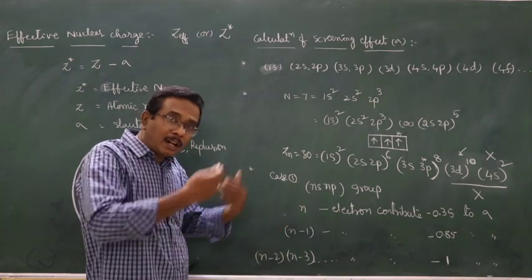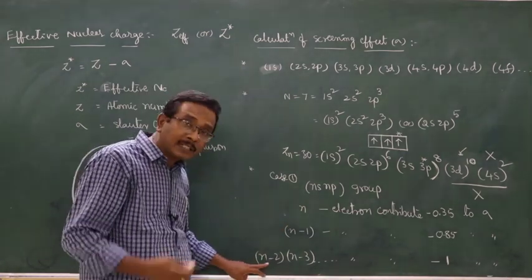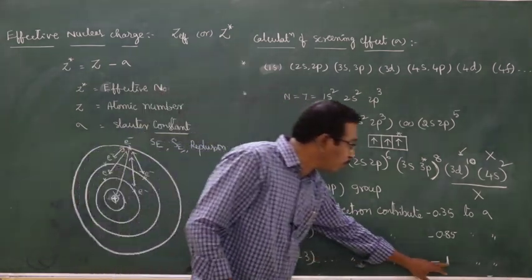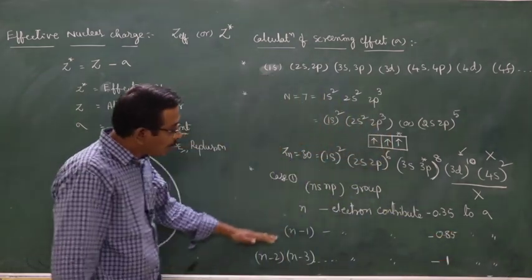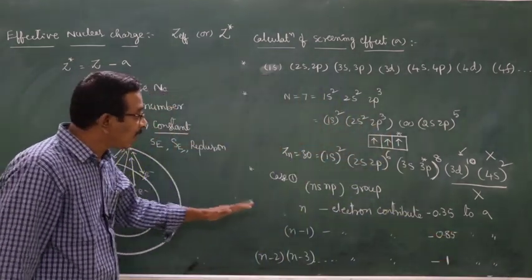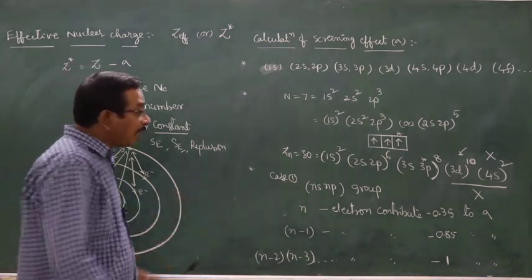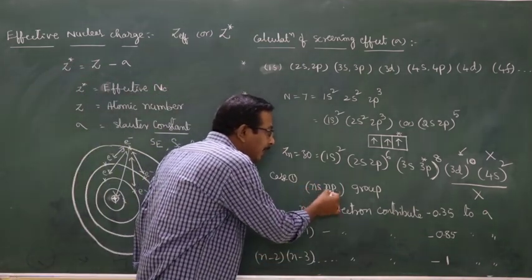And the electrons which are present in n-2, n-3 and so on contribute 1 each to the Slater constant. This is about the calculation of the Slater constant when the electron is present in the ns-np groups.